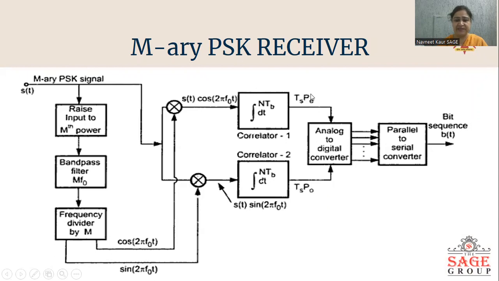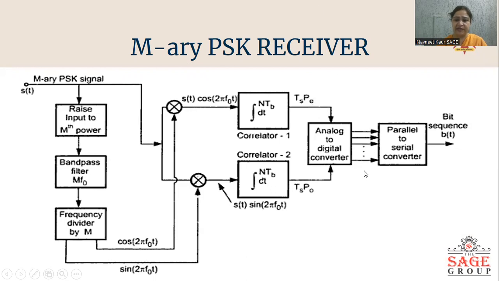Here, Pe represents all the even bits and Po corresponds to odd bits. Now, these even and odd values will alternately be combined and given to the analog to digital converter. This analog to digital converter will generate the digital output corresponding to these analog voltages.